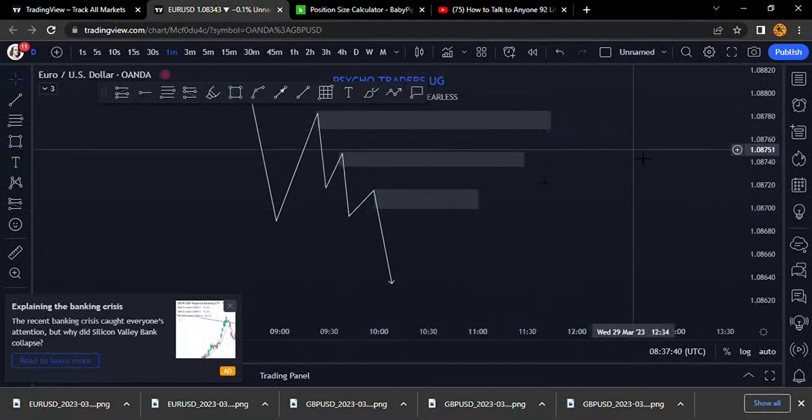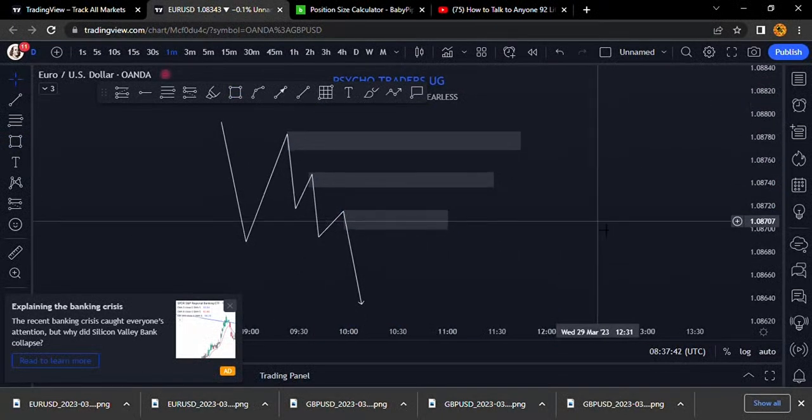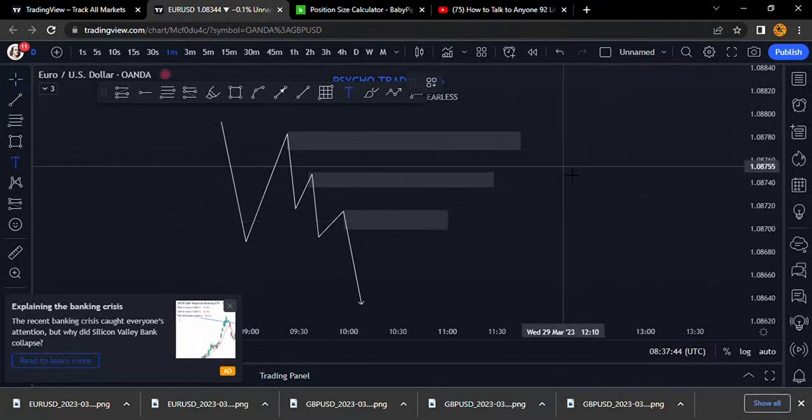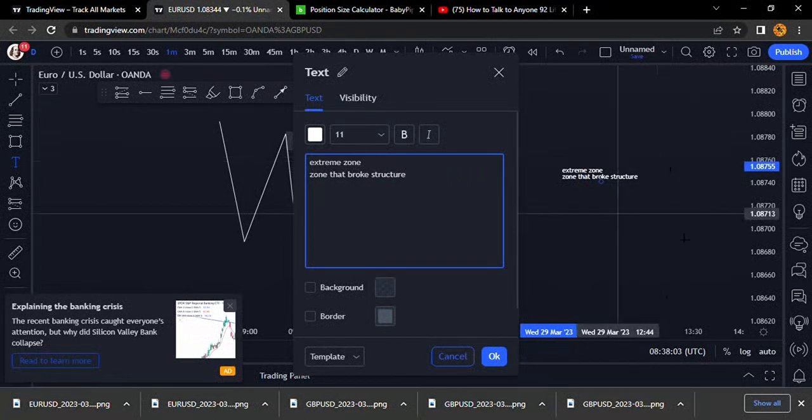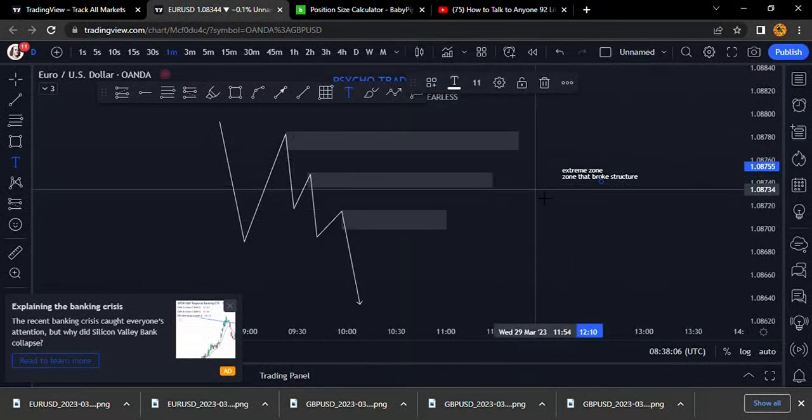So which zones are we supposed to work with? First of all, I said the zones you should look for: the extreme zone and the zone that broke structure.